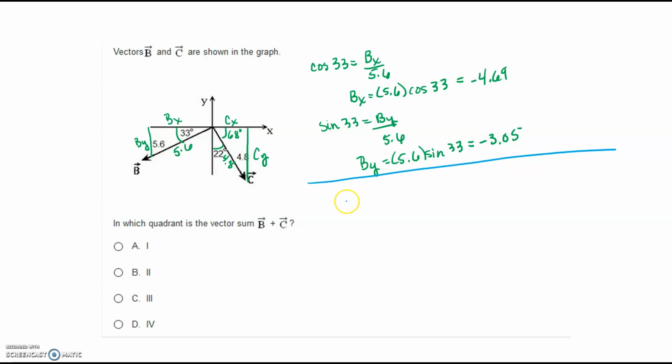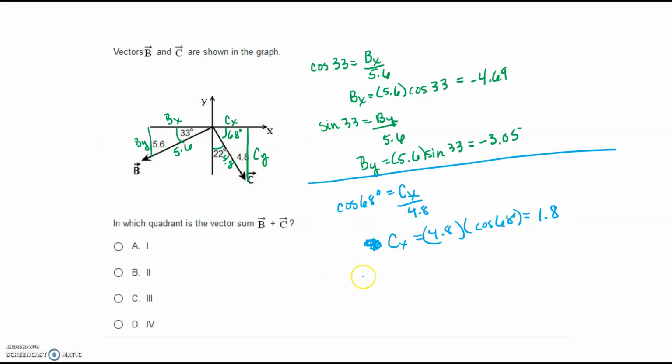So cosine of 68 degrees is equal to CX over 4.8. So I have CX is equal to 4.8 times cosine of 68 degrees, which I got 1.8. And that's positive.